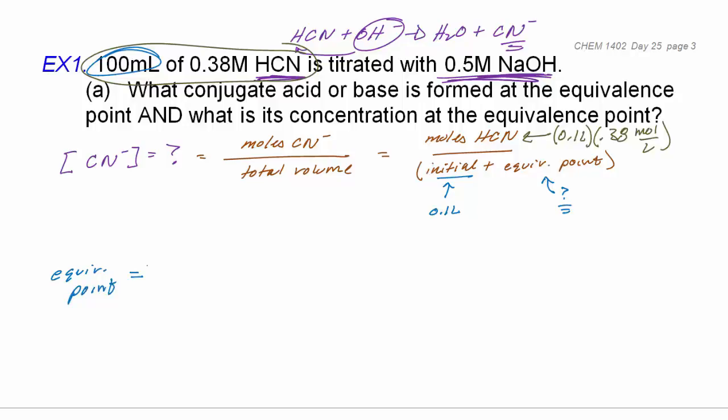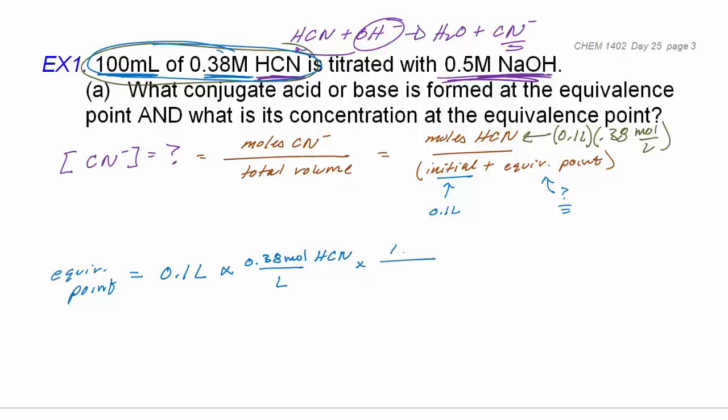What I like to do is just realize moles of HCN has to equal moles of sodium hydroxide, and just start with this. Start with the 100 mils of the hydrocyanic acid and convert that to liters of the NaOH, because that's what I'm after. How much of that NaOH do I have to add? What's the equivalence point? So 0.1 liters times 0.38 moles in a liter of hydrocyanic acid.